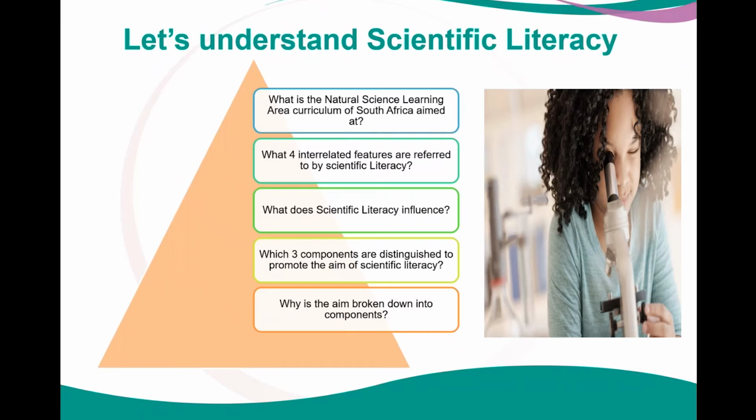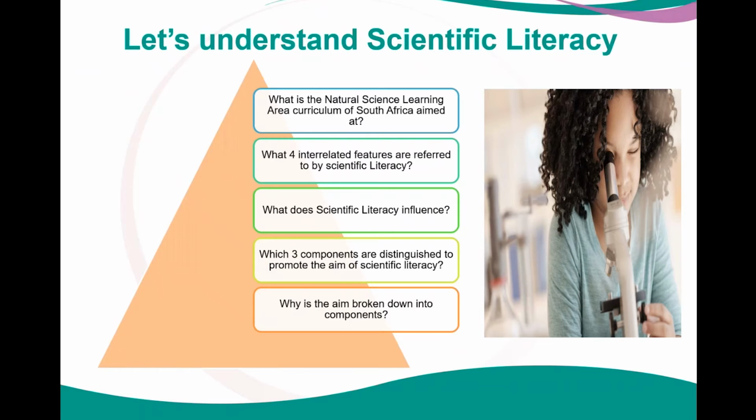There's also understanding the characteristic features of science as a form of human knowledge and inquiry, and being aware of how science and technology shape people's material, intellectual, and cultural environments. And it's also the willingness to engage in science-related issues, and with the ideas of science, as a constructive, concerned, and reflective citizen. It is very important that you interrelate these features when working with scientific literacy.